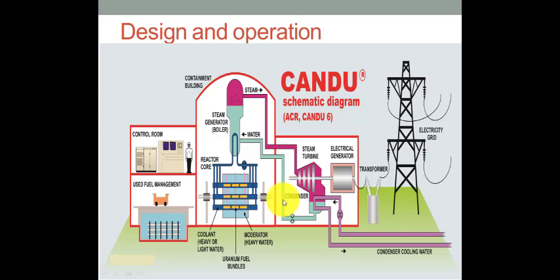The final cooling often uses cooling water from a nearby source such as a lake, river, or ocean. Although all CANDU plants today use open cycle cooling, modern CANDU designs are capable of using cooling towers instead.